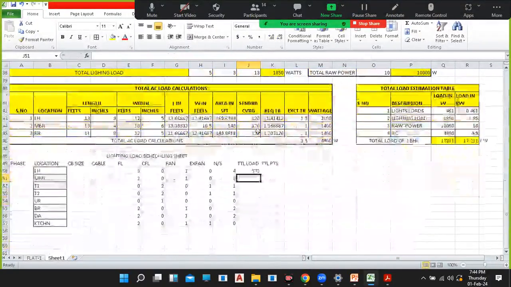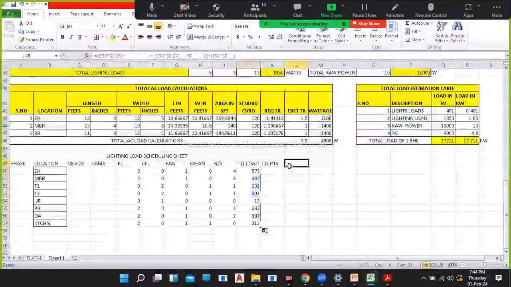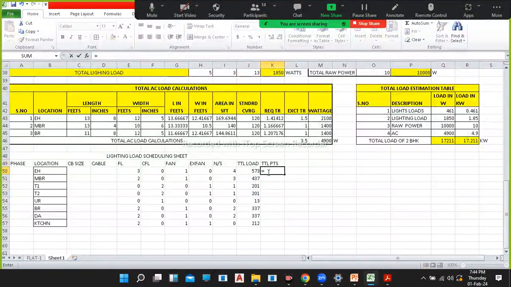Enter. So I got the total load. The next is points, is equal to FL plus CFL plus fan plus exhaust fan plus the normal socket, the total points.